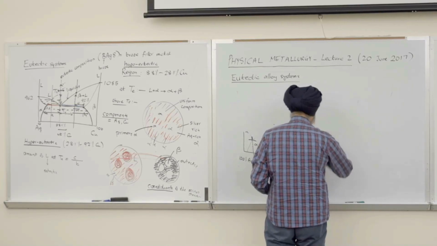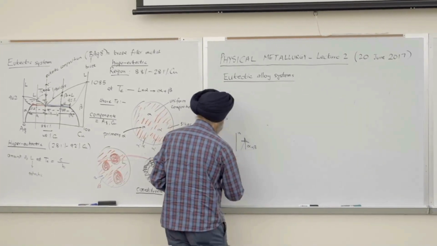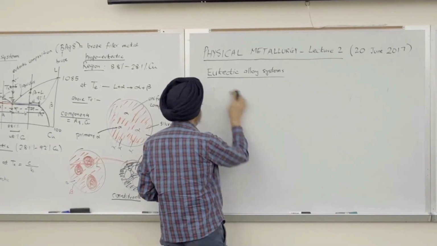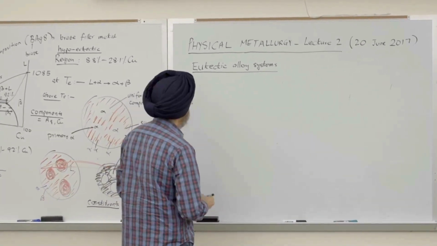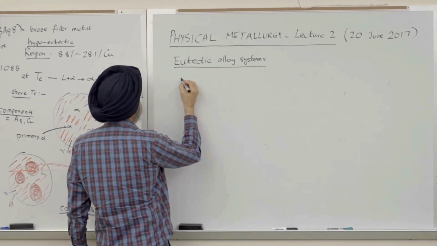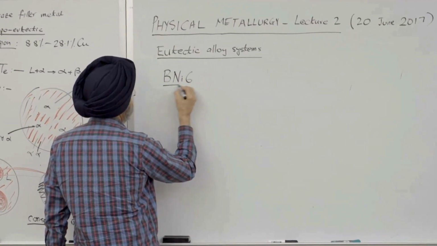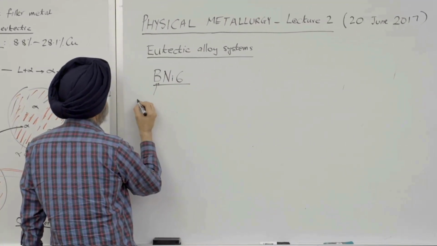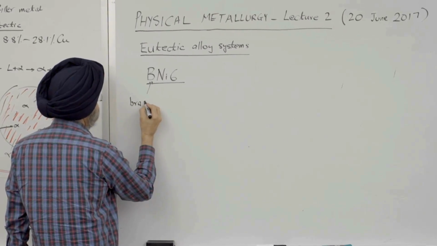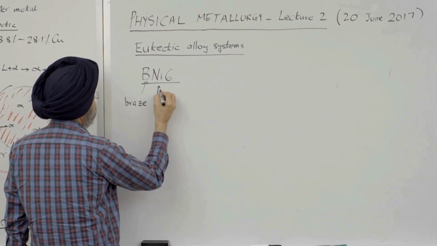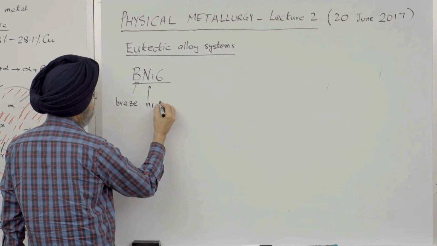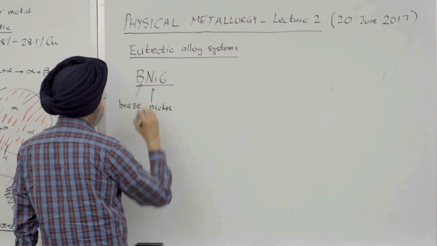So far we discussed BCuP-8, which we use for brazing. There is another alloy which we call BNi-6. So again, the B stands for braze. The Ni, of course, stands for nickel. And the 6 is just a number.